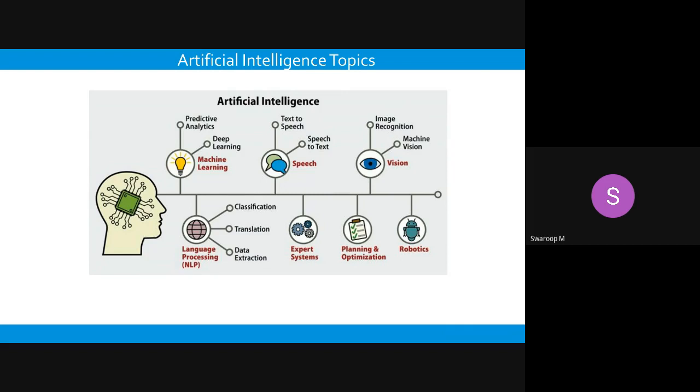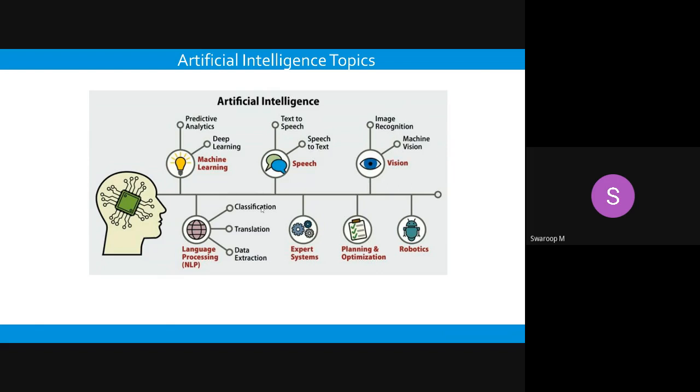They identify which vehicle is crossing the signal. If it is on red, they will capture the number plate of the vehicle and send the challan, right? In the previous days we also saw mask detection. These are all concepts of image recognition and machine vision.